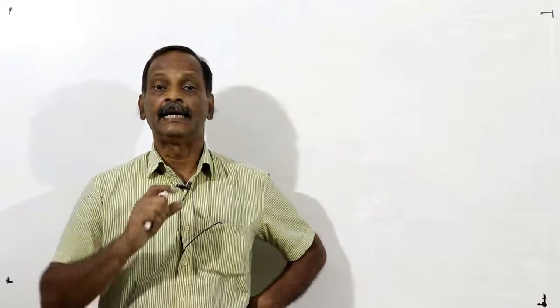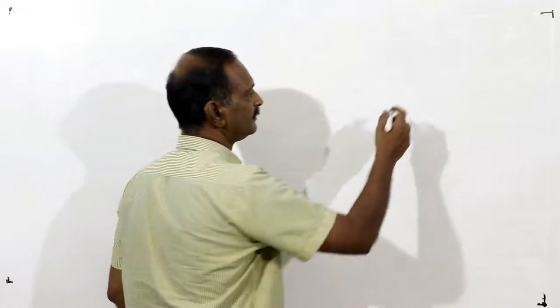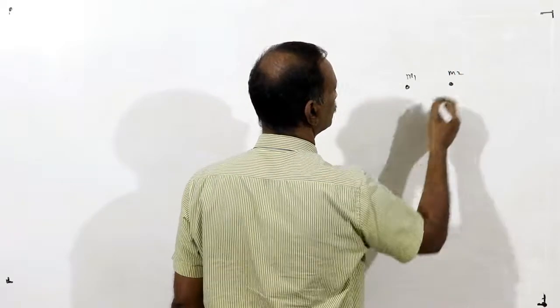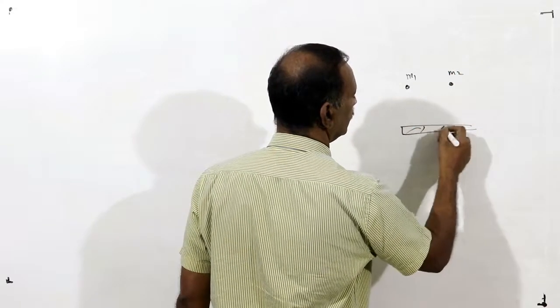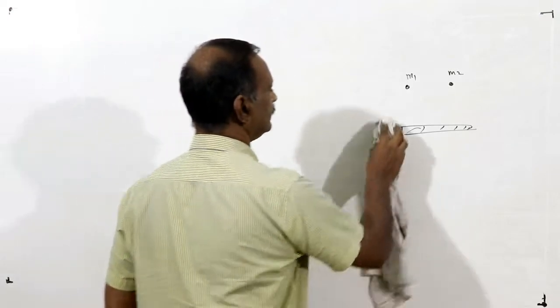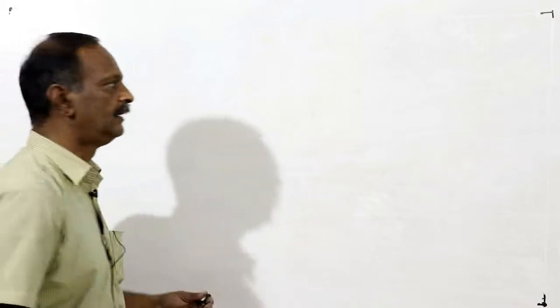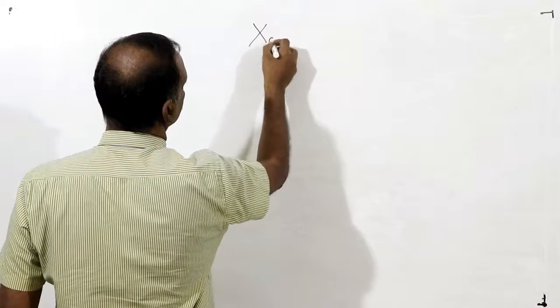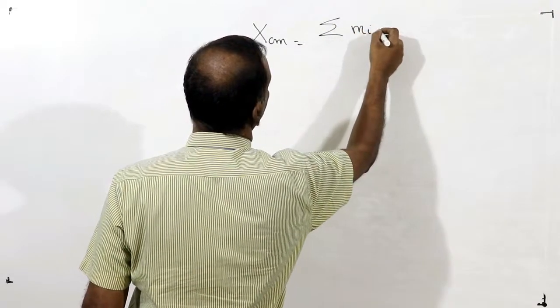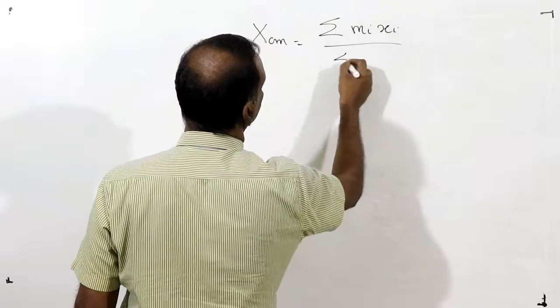If the particles are not discrete but continuously distributed, this is a discrete distribution of particles and this is a continuous distribution of particles. In this case, we replace the summation sign by the integration sign, integrating over the total mass. xcm is equal to sigma mi xi by sigma mi.